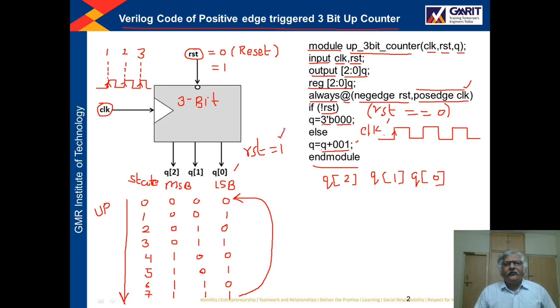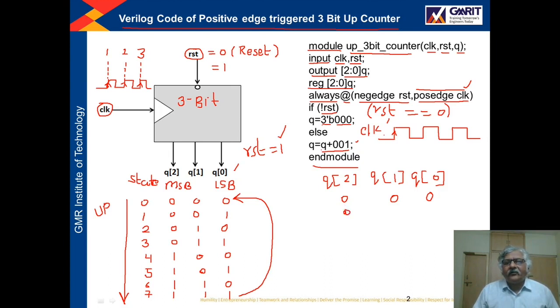RST is already 1, so this condition is false, and we go to the else. Let us assume initially the output of the counter is 0. Now when we come to the else, Q plus 0 0 1, so 0 0 1 will be added.